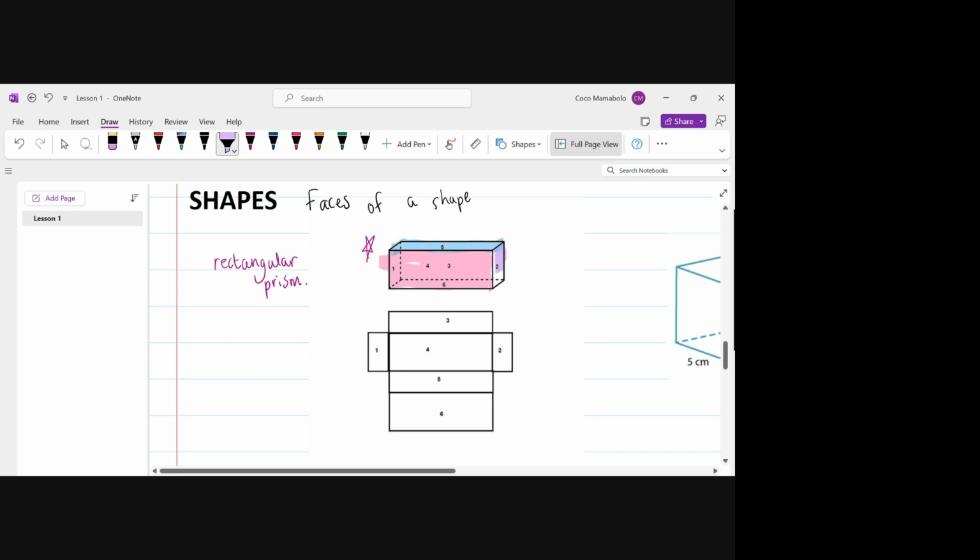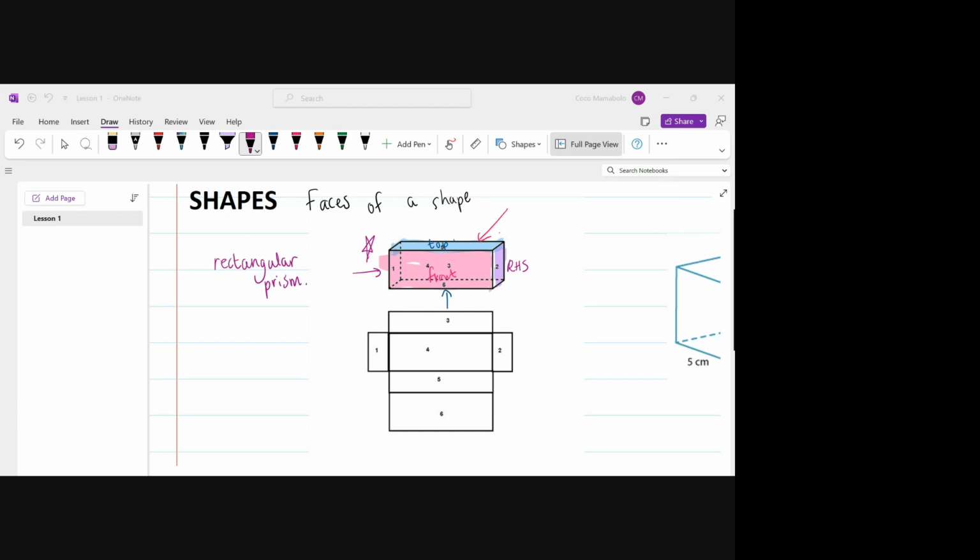The reason I'm only highlighting those three is because the front looks exactly like the back, the top looks exactly like the bottom, and the right-hand side looks exactly like the left-hand side. Thumbs up. Are we all in agreement here? Is everyone with me? Yes? Lovely. So we know that each of those will be the same.